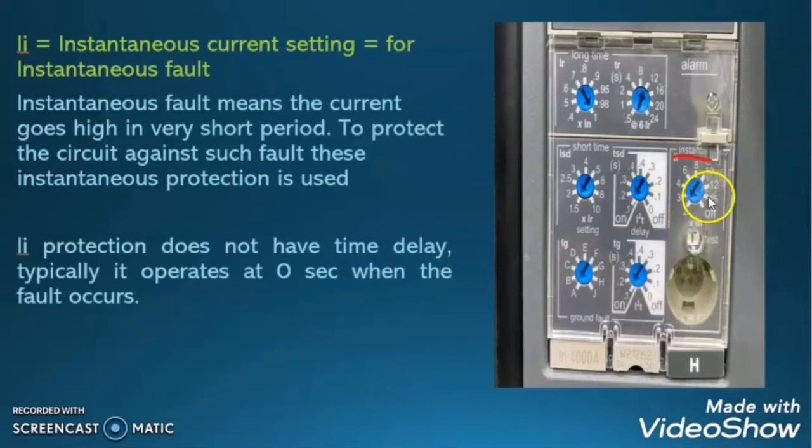So suppose we have a nominal ampere rating of this circuit breaker of 1000 ampere. Then if we set it at 6, the instantaneous setting will be 6 times the nominal current, so it will be 6000 ampere.